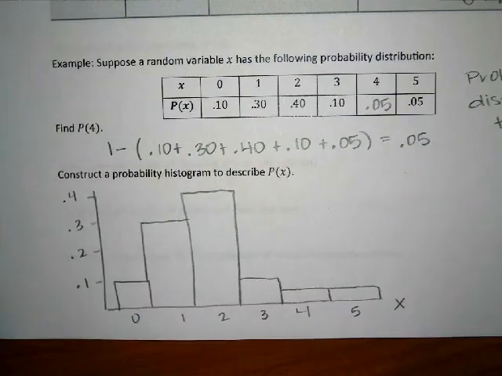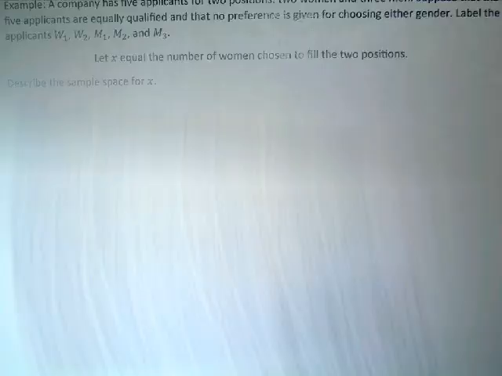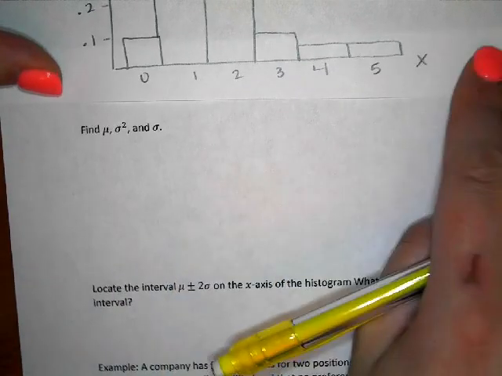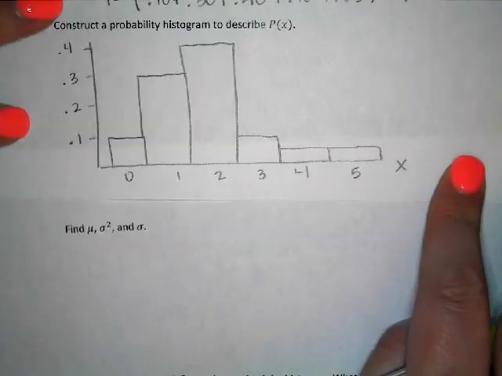Okay, now it says to find mu, sigma squared, and sigma.